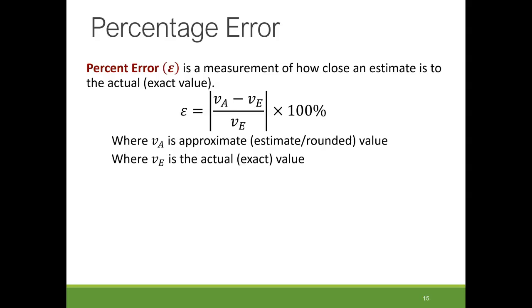Again, do you need to memorize this formula? No, it would be given to you. The trick is you have to remember A and E, which one is the approximate, which one is the exact. It gets confusing because some kids will see E as estimate instead of exact and goof it. But you'll get the formula. You just have to remember what stuff means.